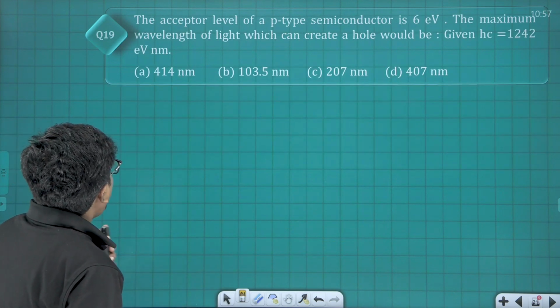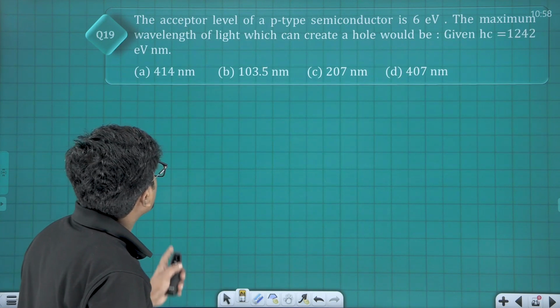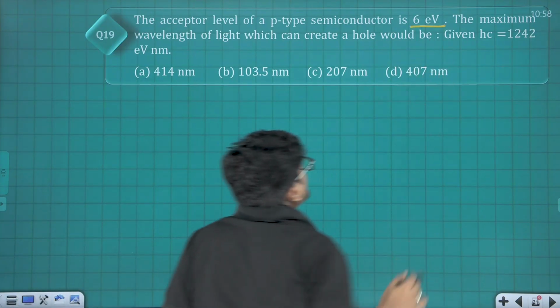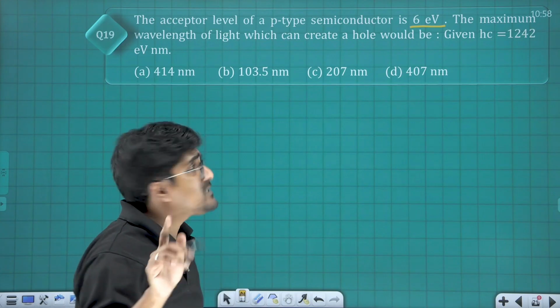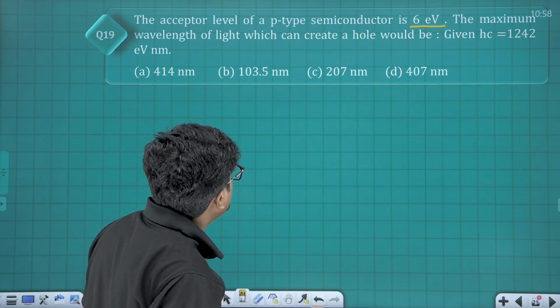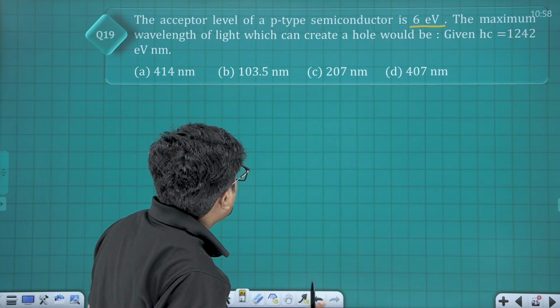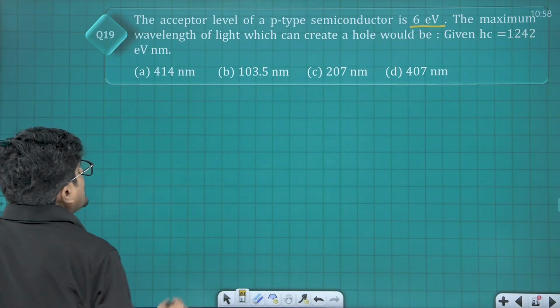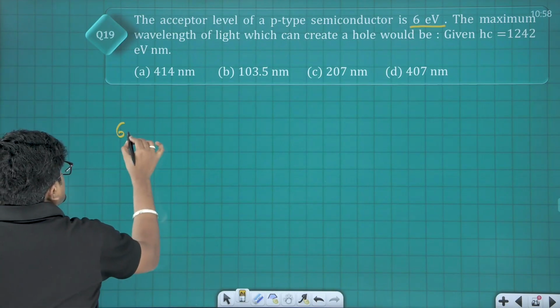Next, the acceptor level of a p-type semiconductor is 6 electron volt. The maximum wavelength of light which can create a hole would be? So the energy is 6 electron volt.